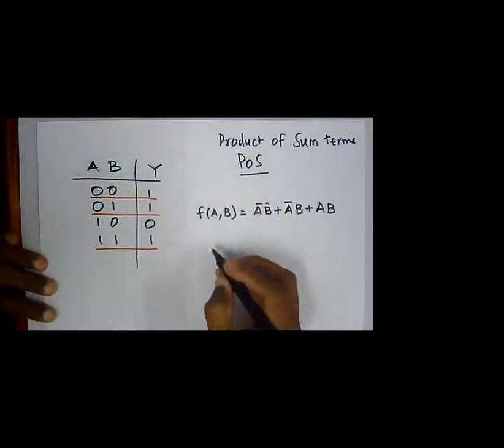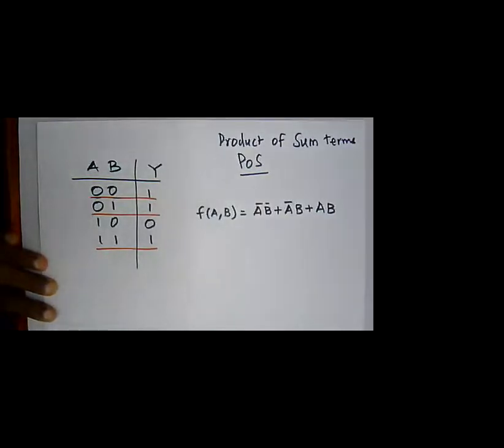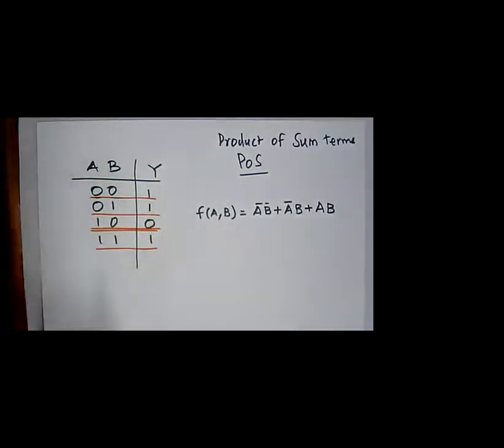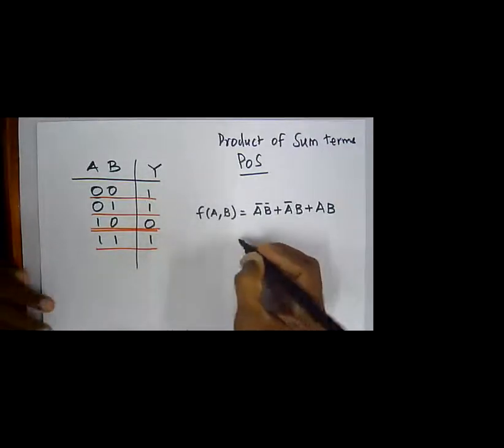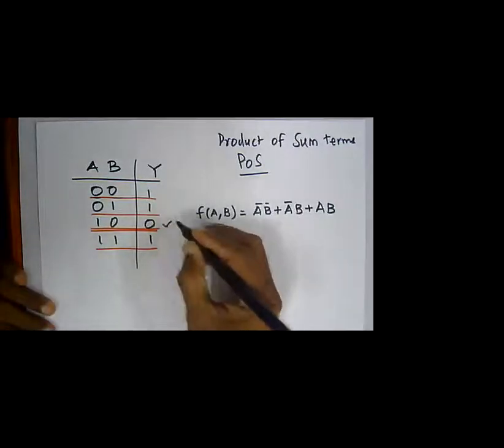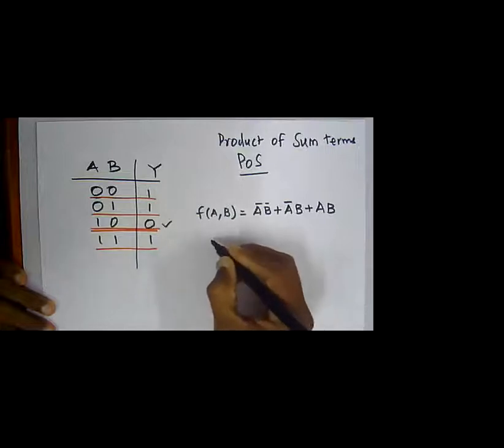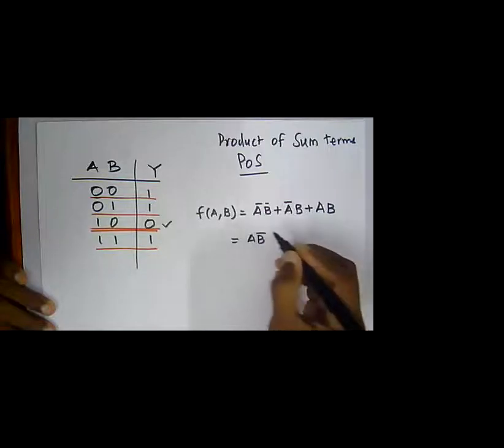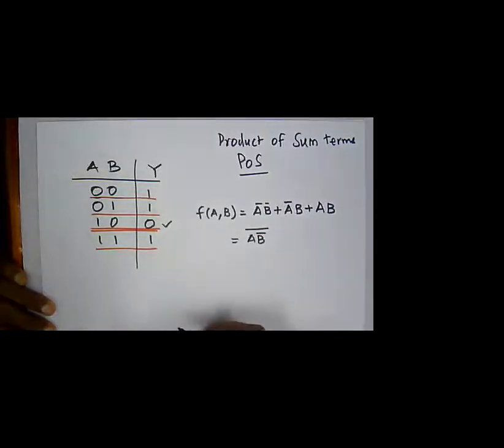But we can do this in another way as well. Just consider the 0 here. So f of AB can be written as (A B bar) whole bar. Am I right?